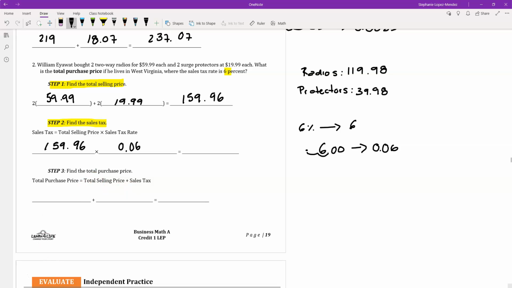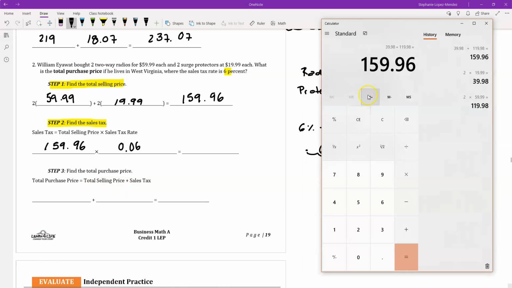I need now to multiply that. So I go to my calculator, and what I had, 159.96, I multiply it by 0.06. That gives me a total of 9.5976. Again, if you see here, 9.5976 is working with 4 numbers after the point, or 4 decimals.